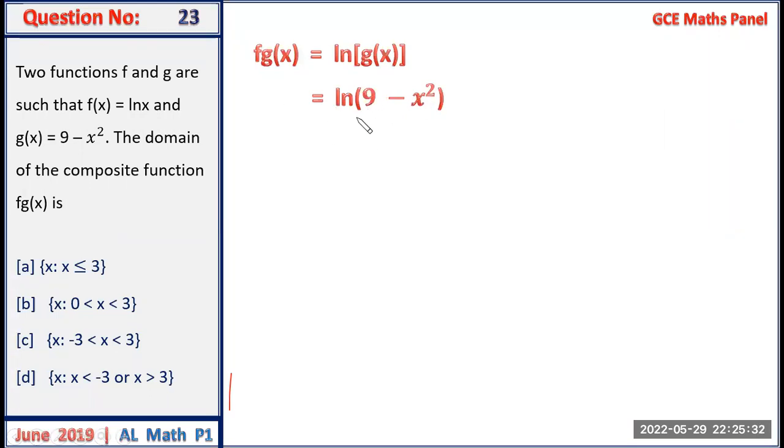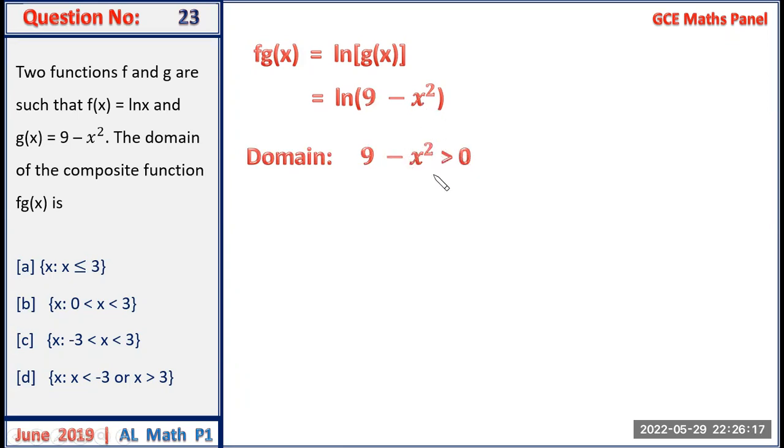And how do we get the domain of this logarithmic function here? So now this part here must be strictly greater than 0, because the log of 0 and of any negative number is not defined.